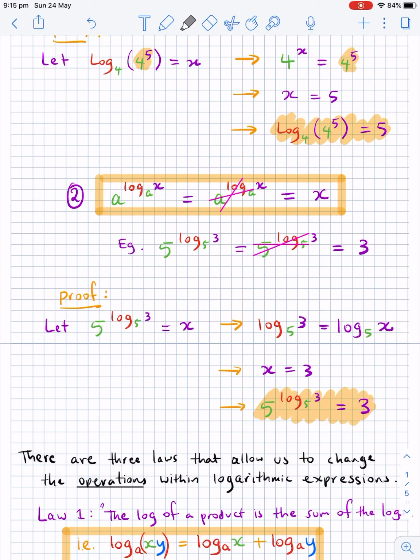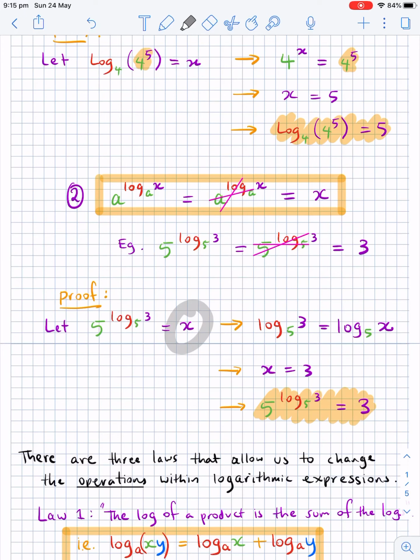Here's the proof as to why that is the case. Again, we don't know what this expression is equal to, so we let it equal x. Because we have an unknown power, we can make this power the subject by using another log. The base was a 5, so that's the base of 5 down here, and this x is what's going to be with our new log. So we get this equivalent equation.